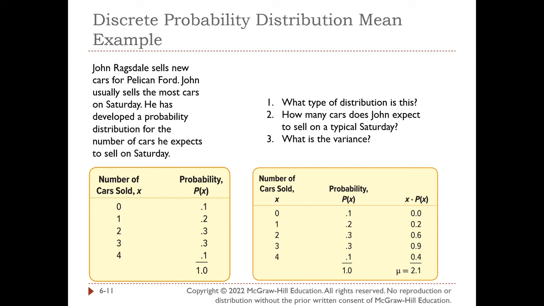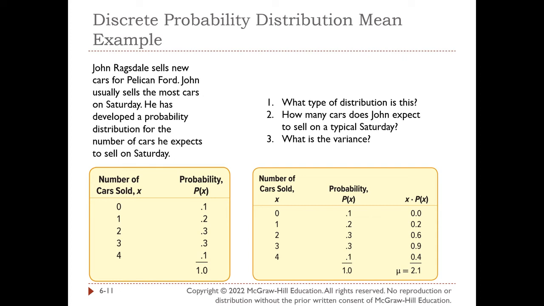So, what type of distribution is this? This is a discrete probability distribution. How many cars does John expect to sell on a typical Saturday? Well, again, to find the mean, basically we add it up, and we're going to get roughly 2.1.